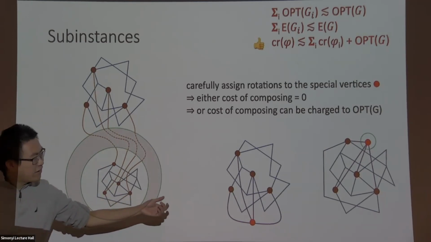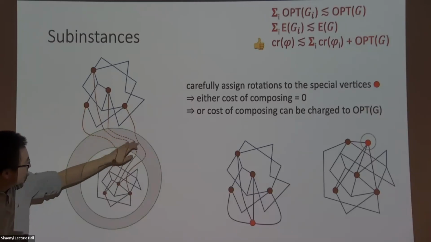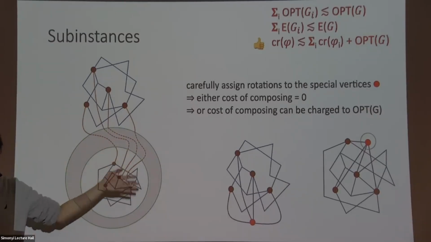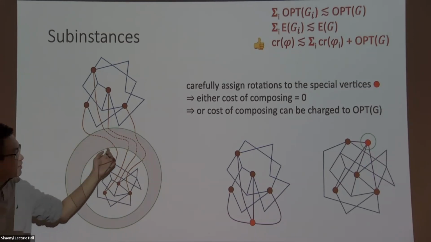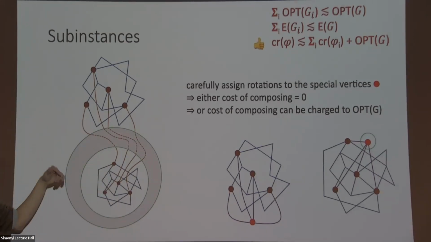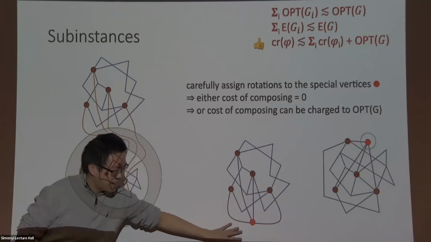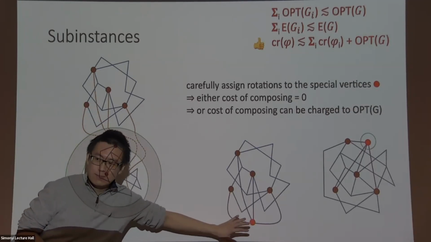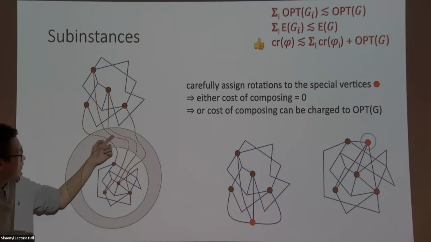We can do it in a very delicate way, such that either all this reconnecting happening in the annulus does not create any crossing, or it creates some crossings but they can be charged to OPT(G) and to the OPT of these sub-instances. This is a very technical part, but I'm not going to go into it. The idea is, as the instance contains the rotation system, we can use this power to design the input instance in order to reduce its cost.